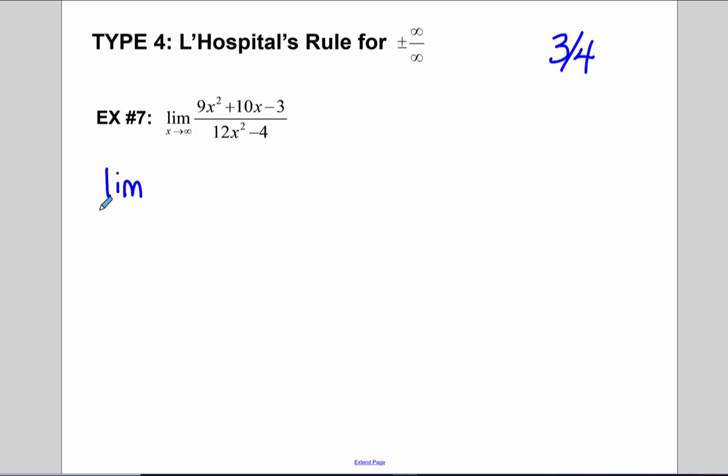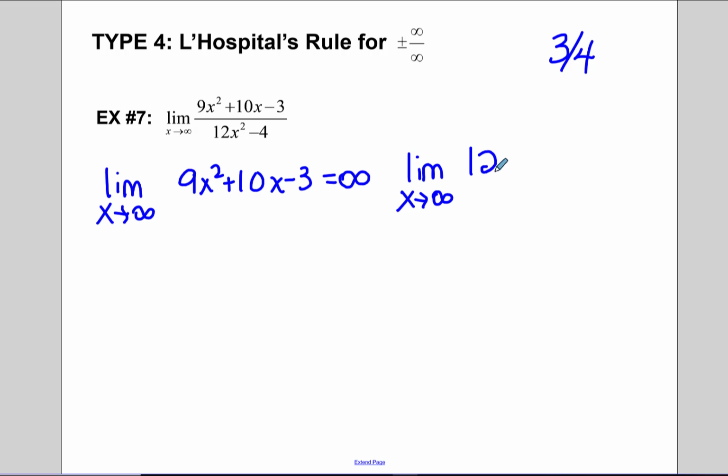Practicing a limit at infinity, 9x squared plus 10x minus 3 is unbounded. It's a parabola. And the denominator is also a parabola. So end behavior is up on both sides. This one's up.